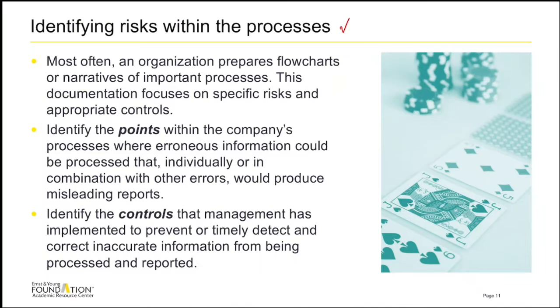So we need to identify the points within the company's processes where erroneous information could be processed that individually or in combination with other errors would produce misleading reports. Also, we identify the controls that management has implemented to prevent or timely detect and correct inaccurate information from being processed and reported.